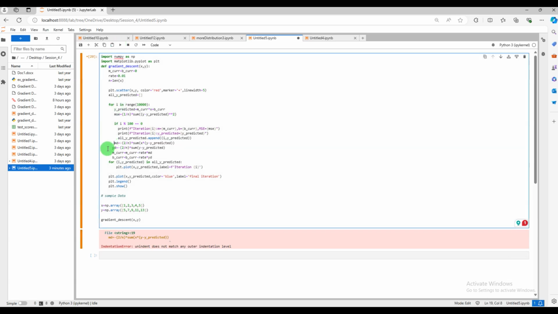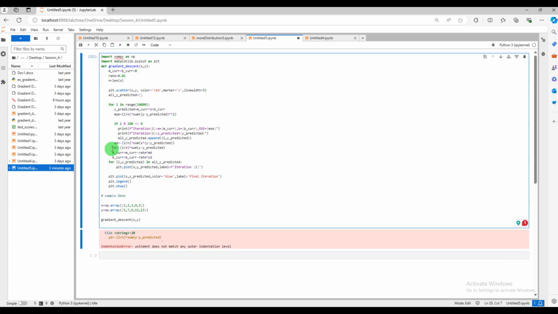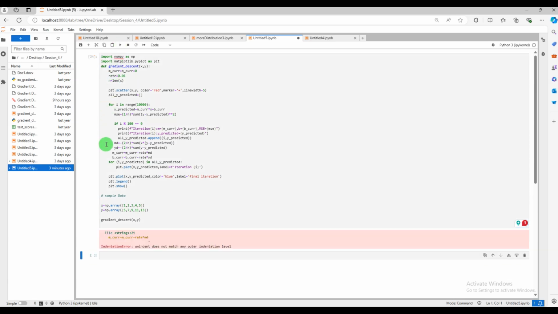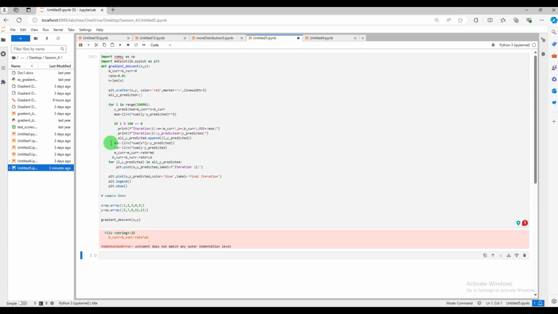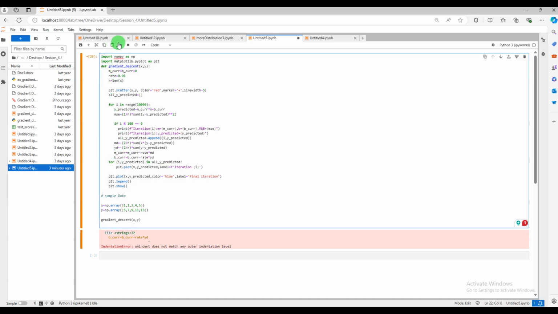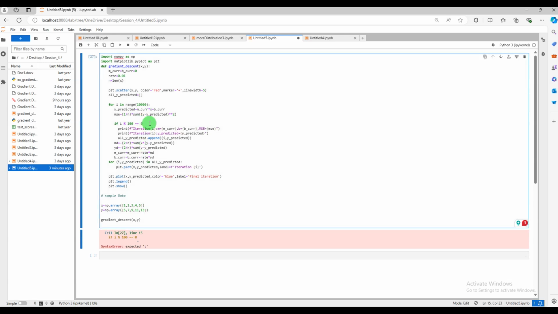Also for this one, in Python it's necessary to observe all of the things. Okay, and also define.